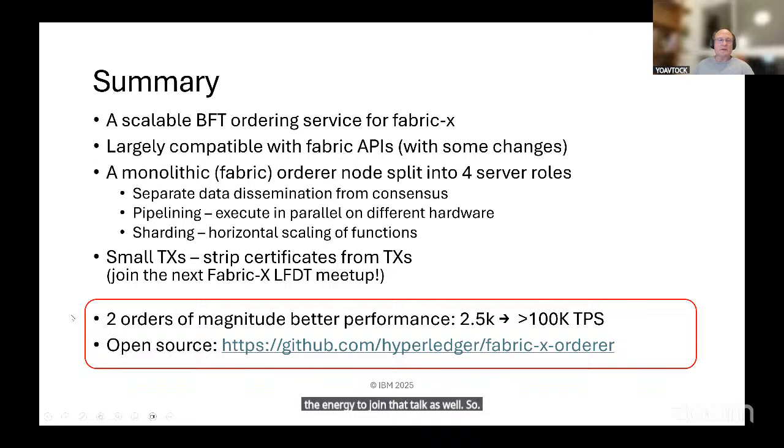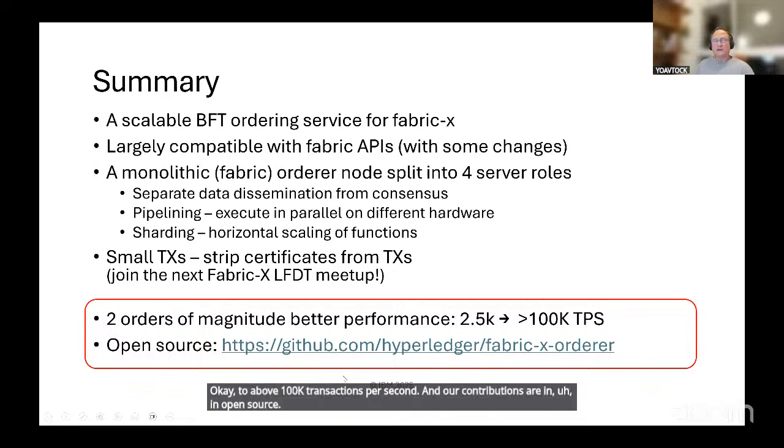So the main message here is that we have 2 orders of magnitude better performance, from around 2.5K to above 100K transactions per second. And our contributions are in open source.